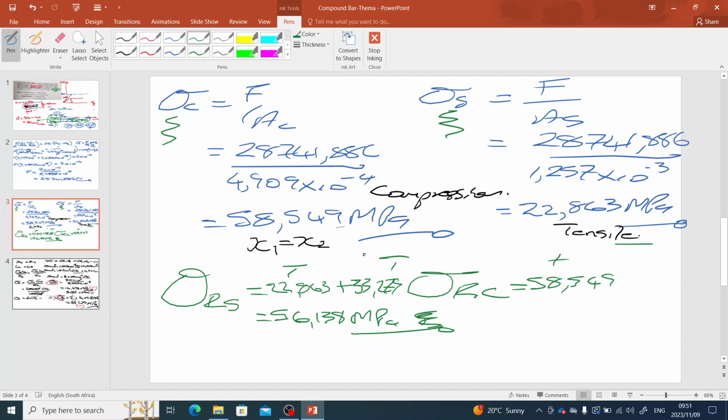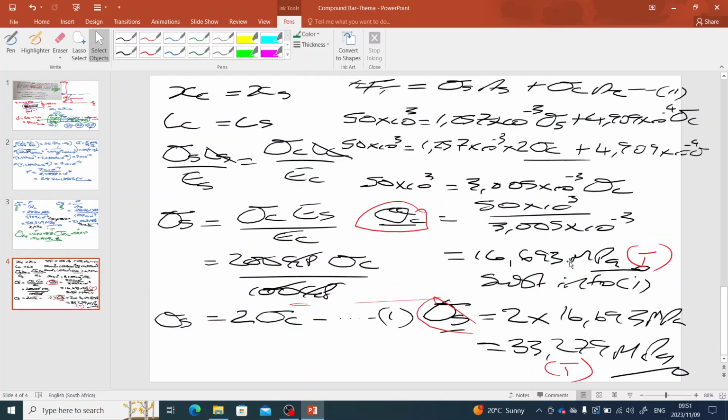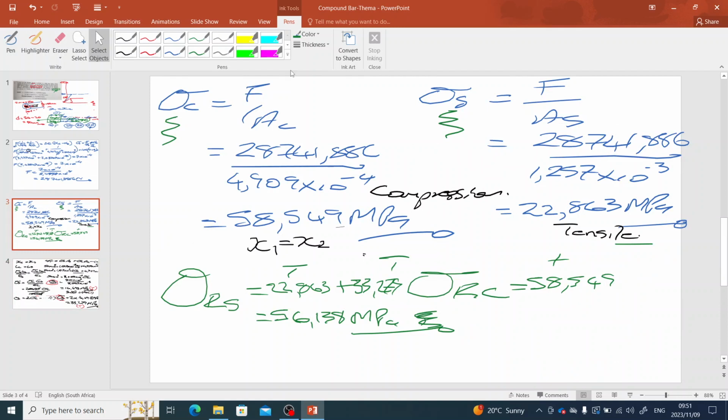Then we determined that the stress under the axial load is tensile, so it will be minus the determined stress there, 16,639. Tensile is minus, compression is plus.